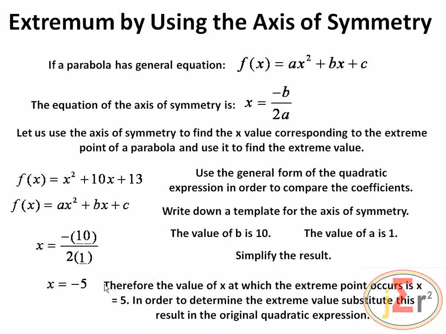Therefore, the value of x at which the extreme point occurs is x equals negative 5, and this is going to be the equation of our axis of symmetry. In order to determine the extreme value, substitute this result in the original quadratic expression.